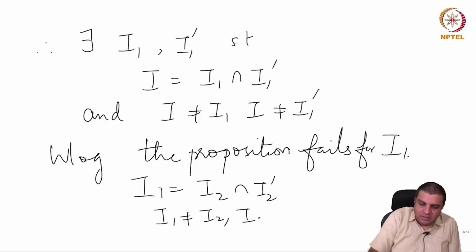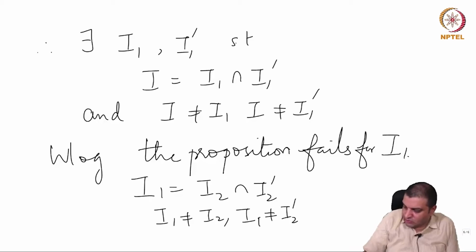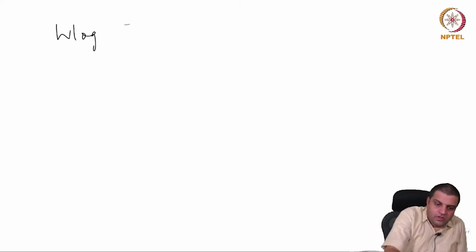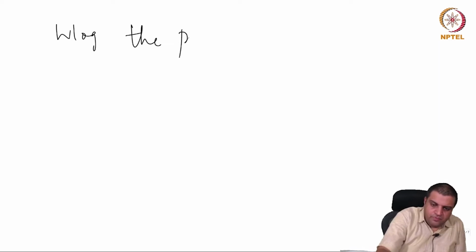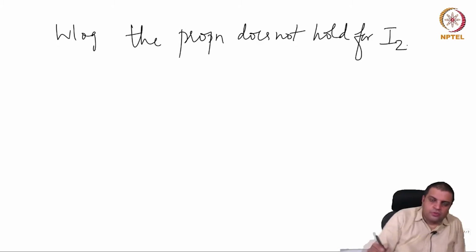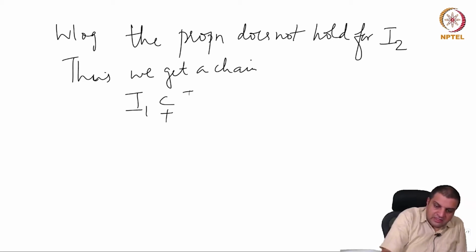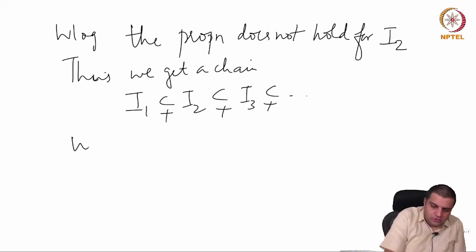It's the same reason, I1 is not irreducible. I1 is not equal to I2 prime, but their intersection is I1. Same argument, and again without loss of generality, the proposition does not hold for I2. Thus we get a chain I1 strictly inside I2, strictly inside I3, and so on, which is not possible in a Noetherian ring.